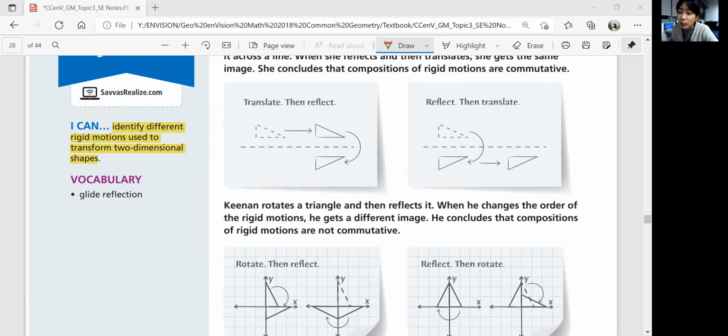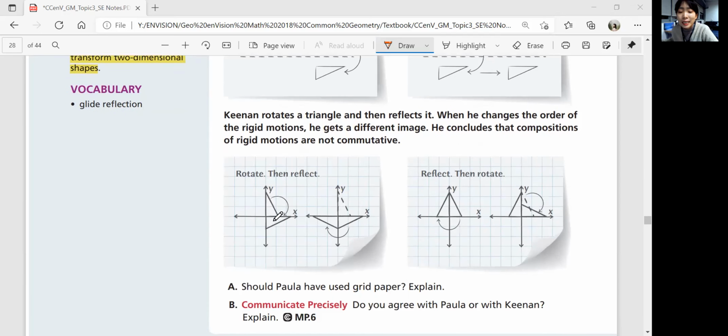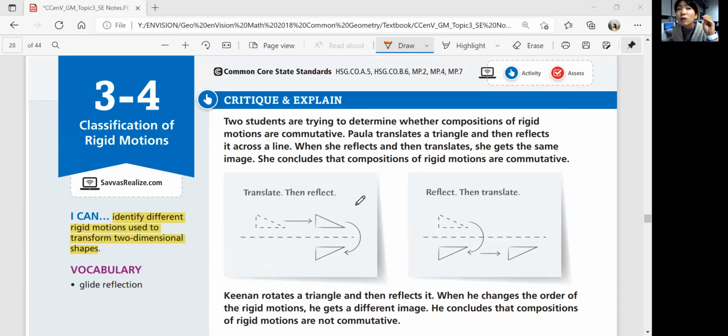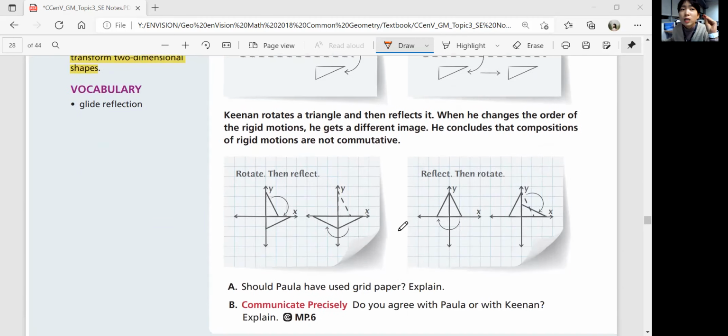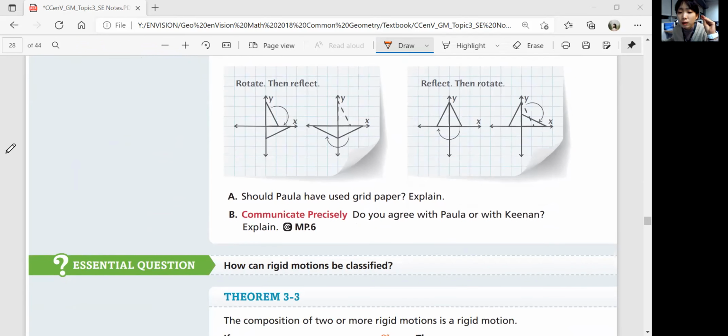So she should have tried more before drawing a conclusion. For part B, you can agree with Keenan because he gives a counterexample that shows compositions are not always commutative. But is it sometimes commutative? Yes. Just like Paula figured out, sometimes it is. Sometimes it is commutative, but not always. So let's record our answers.